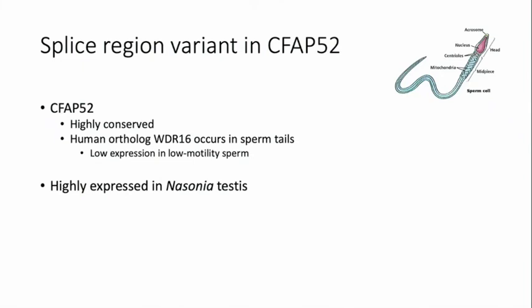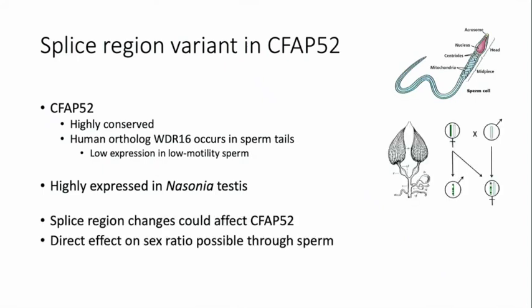Interestingly, it's highly expressed in Nasonia testis, so it likely has something to do with Nasonia sperm as well. It means it's a splice region variant that could affect the functioning of this protein. And it means that we can have a direct effect on sex ratio, possibly through the sperm.